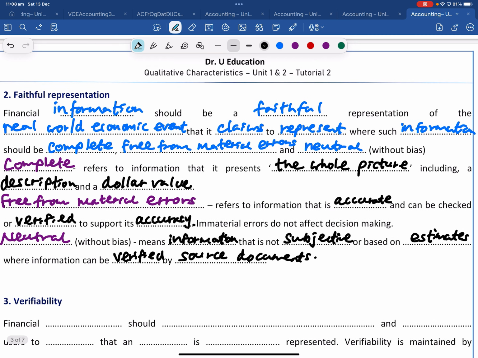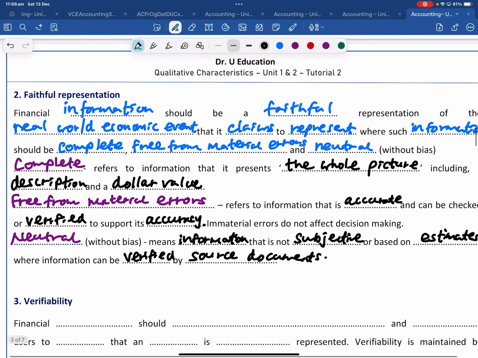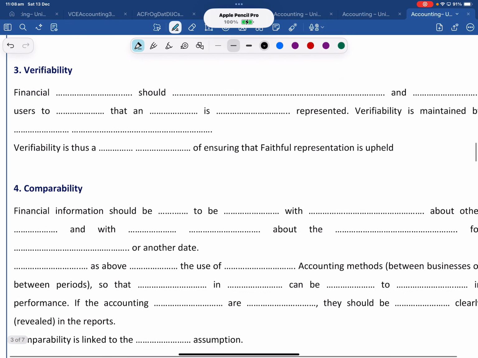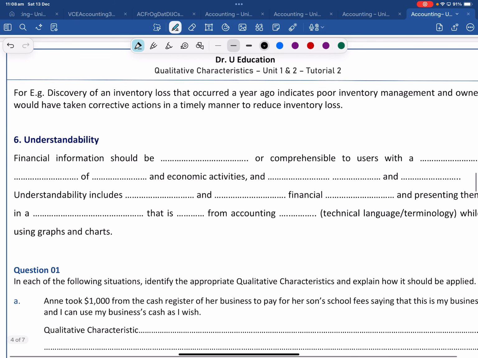Yeah, let's discuss this one as well, because this one also has a little bit of information, but don't worry guys, the rest is very short.